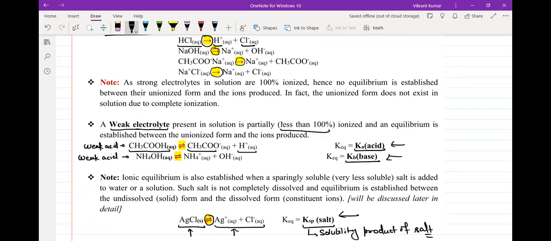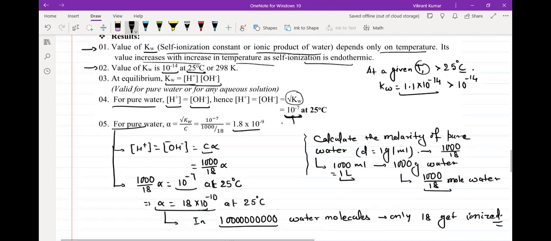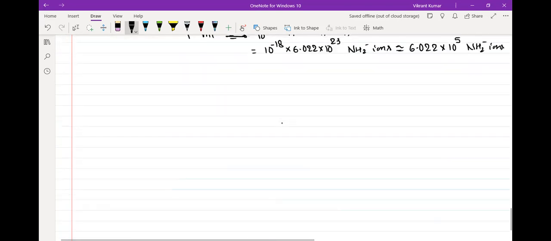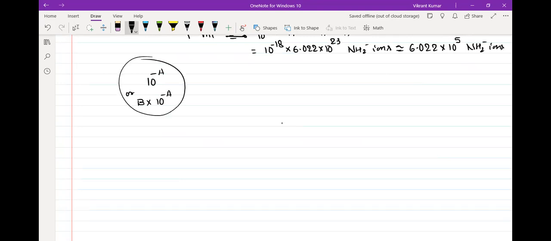Now I'm talking about these numbers, and I told you that we are going to have two types of number frequently coming in this chapter, and those numbers are not very much comfortable for us. We'll be having 10 raised to minus a type, or we can have something like b into 10 raised to minus a type number. ऐसा नंबर बार बार आएगा.